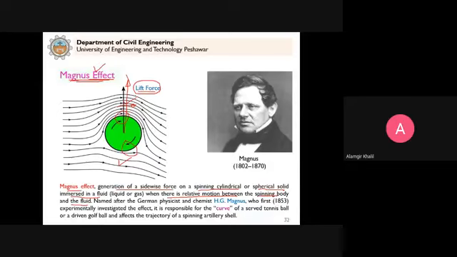And this Magnus effect is responsible for the curved path of the tennis ball, the driven golf ball, and the trajectory of the spinning artillery shell. So when you hit the ball and the ball is spinning, moving through the air, it will follow a curved path. This is due to this effect which is known as the Magnus effect. Clear? It was observed by Magnus, so that's why it is named after him.